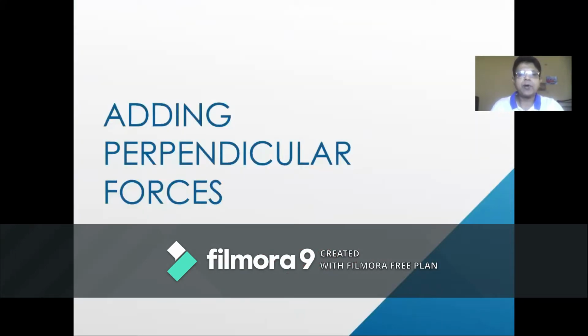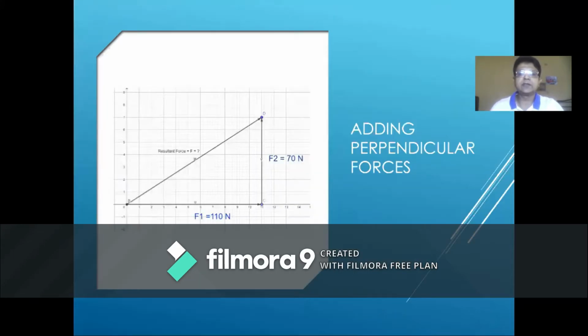Next, adding perpendicular forces, which make a 90-degree angle with each other. In this diagram, we have one force, BC. It is the horizontal force F1, which is 110 Newton, and another force, CD, which is perpendicular to the first force.